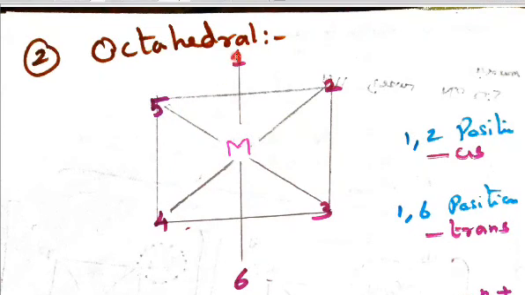If the ligands are in 1-2 positions, they are called cis. If they are in 1-6 positions, they are called trans. It is very, very important because a lot of possibilities are there. In order to avoid confusion, the positions for cis and trans have been fixed.